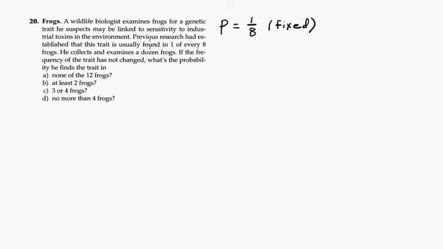Okay, and then it looks like they've collected 12 frogs. So the sample size is 12. When you look at these problems, you can see that they're asking questions about X successes in N trials.